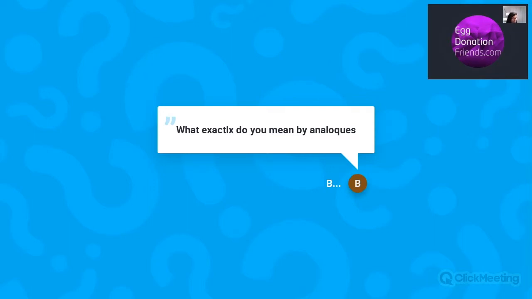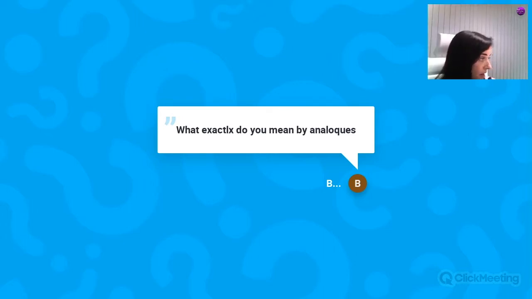Okay, analogs is a medication, analogs of the gonadotrophins. Well, the doctors should know this. We give this to produce an amenorrhea, to prevent the menstruations, to reduce the ovarian response.